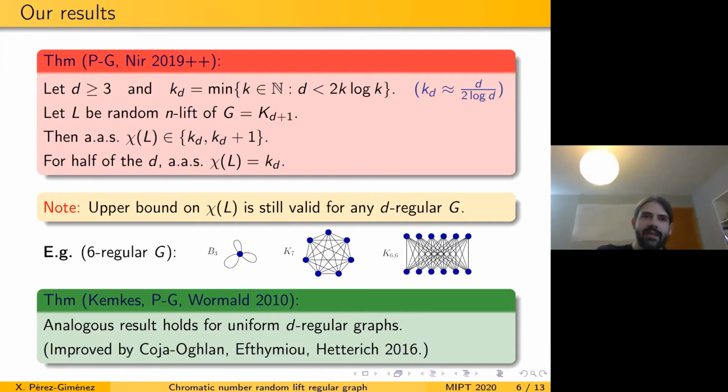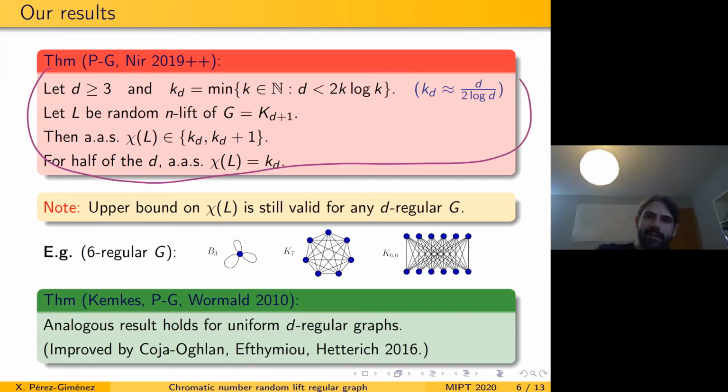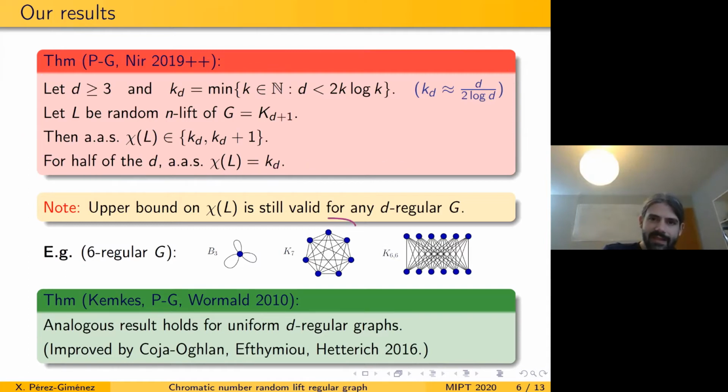This same result verbatim holds if here, instead of L, you put a random D-regular graph, which you can think of as a random lift of the bouquet. So in some sense, what we knew for the random lift of the bouquet, we've extended to the random lift of the complete graph. And in fact, the upper bound holds for the random lift of any D-regular graph.